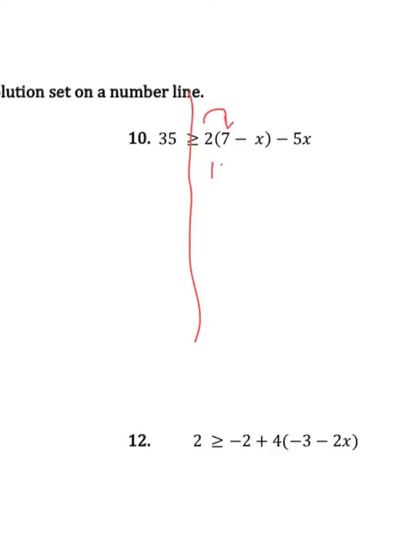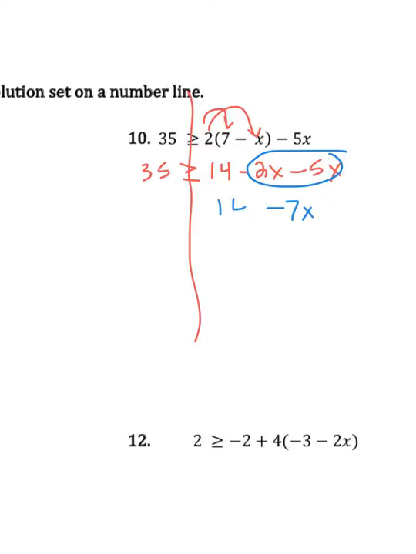Distribute. 14 minus 2x minus 5x, 35 greater than or equal to. Combine these, that'll give me a negative 7x, 14 greater than 35.